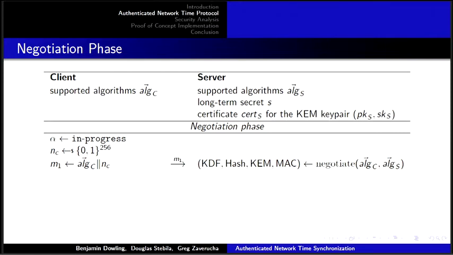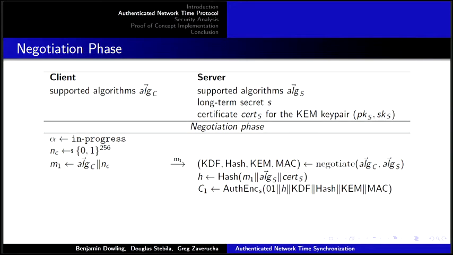So we begin with our negotiation phase. The client generates a nonce and sends the nonce and the list of supported algorithms to the server, which negotiates the optimal set of cryptographic primitives. The server then creates a hash of the message 1 from the client, as well as its own supported set of algorithms and its own certificate information.